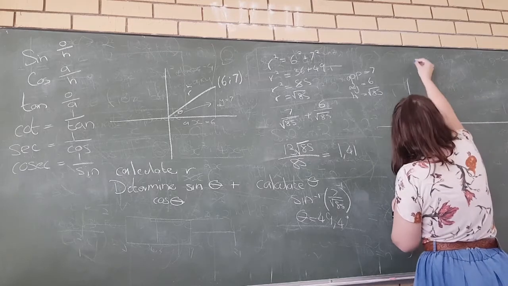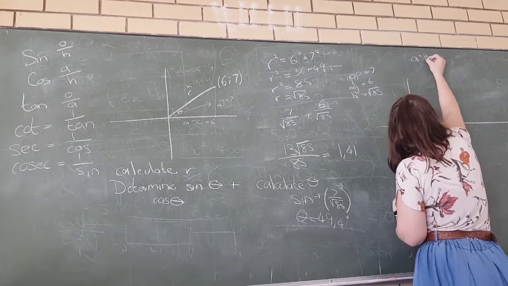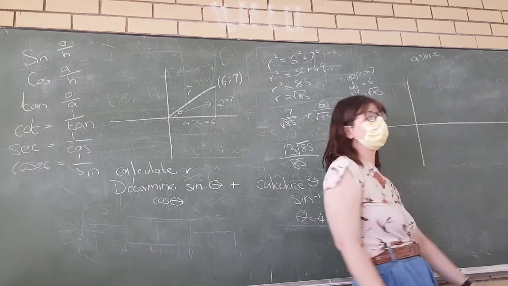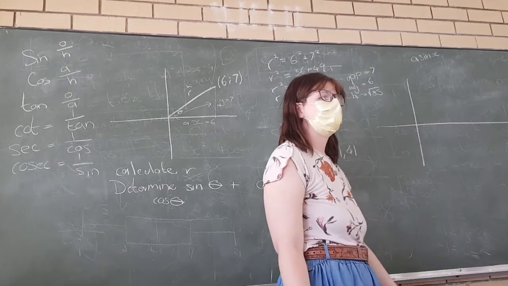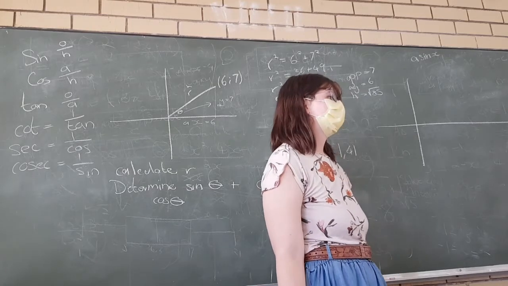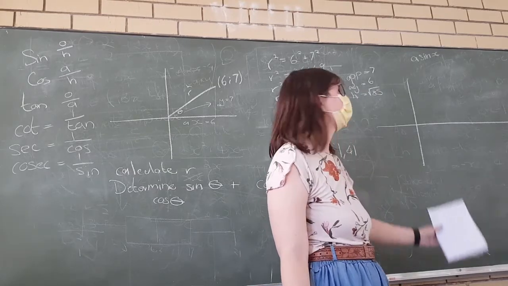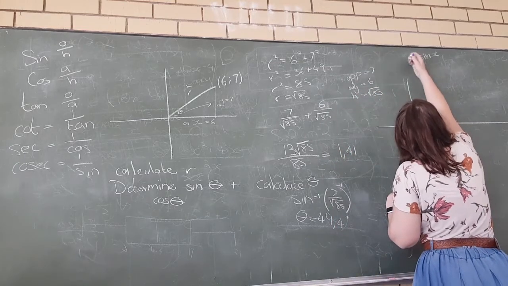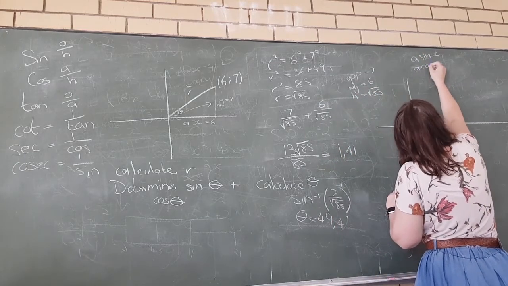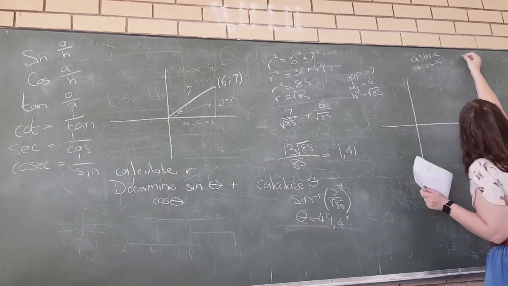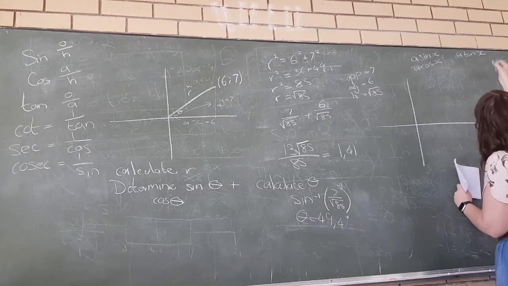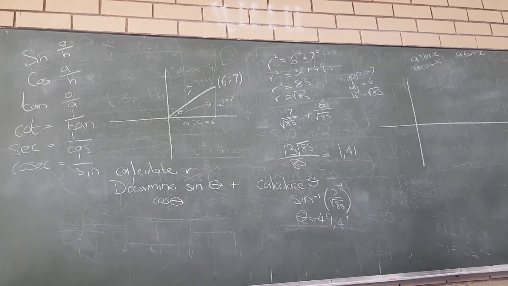Alright guys, so if I have A sine x, what does A stand for? If I'm looking at a graph, A sine x. Amplitude. I'm looking at my sine graph, I have A sine x, A cos x and A tan x. What does A stand for? The first two, amplitude.